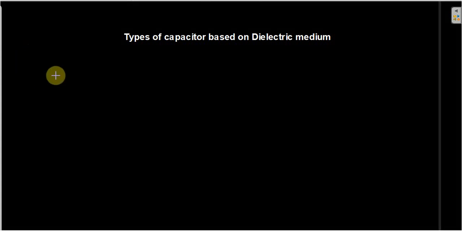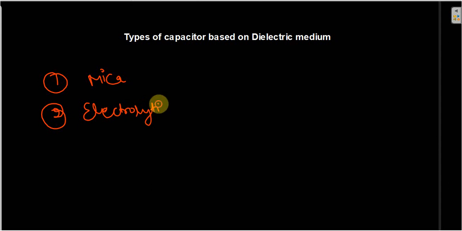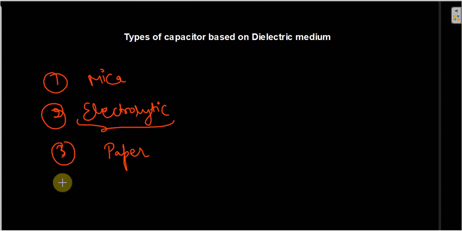Dielectric medium can be mica, or any electrolytic substance, like the electrolytic solution in your battery cell. And third one is paper. You can use a copy paper, a page, a classmate notebook, any paper as an insulator, as a capacitor dielectric medium.